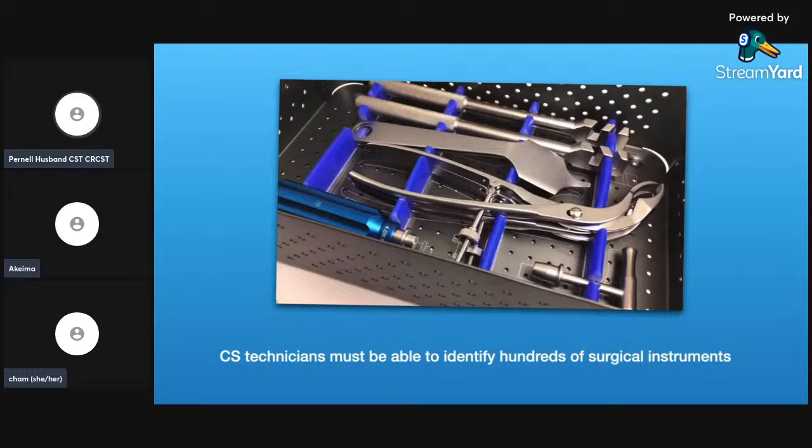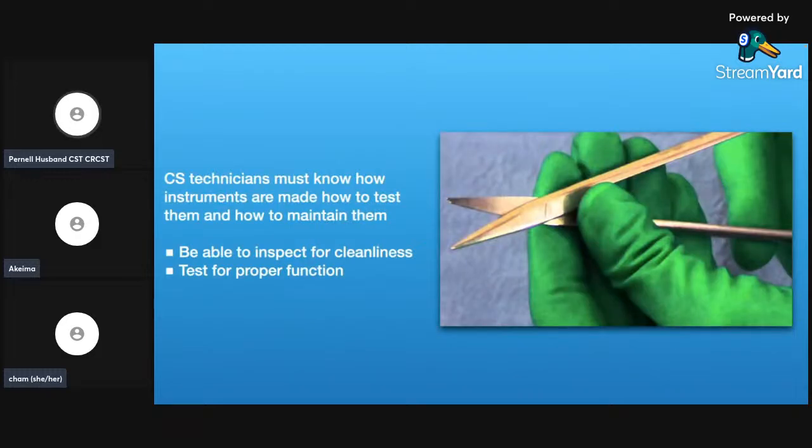There is an advanced course that I teach where we go into different instruments that are used in different types of surgeries, so on and so forth. But of course, you're taking care of instruments, so you're going to, at some point, need to be able to identify many, many different types of surgical instruments.